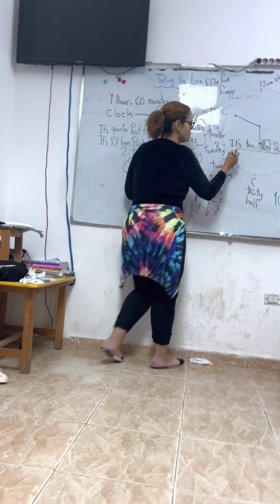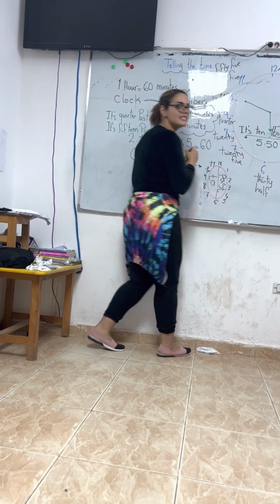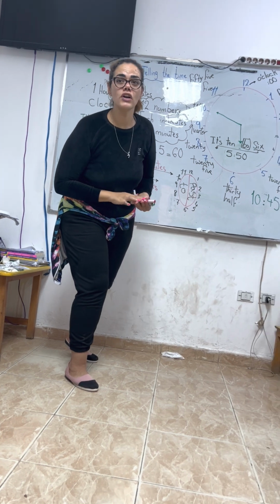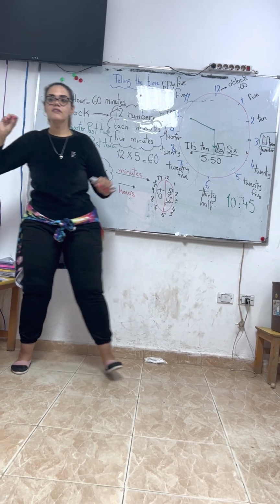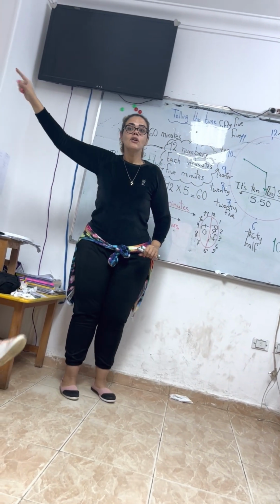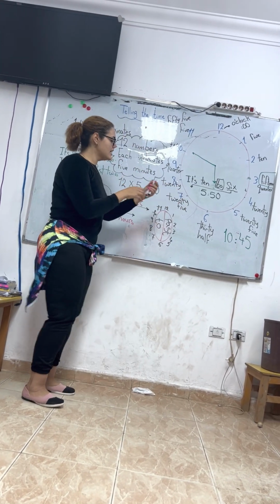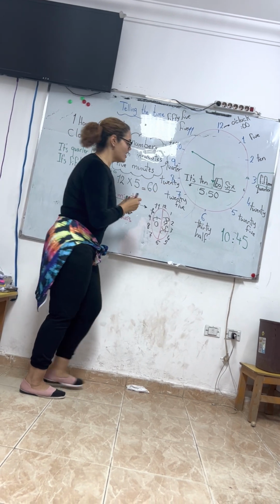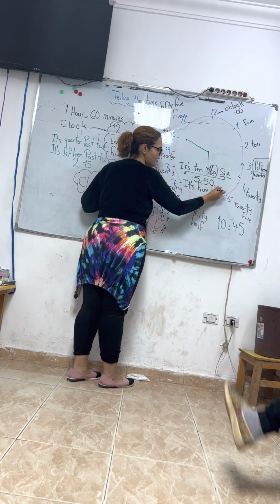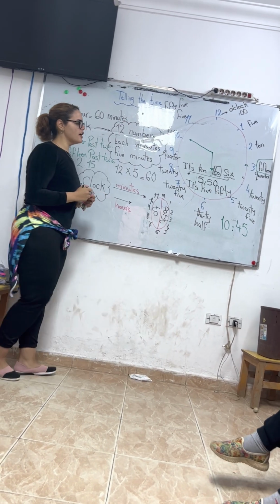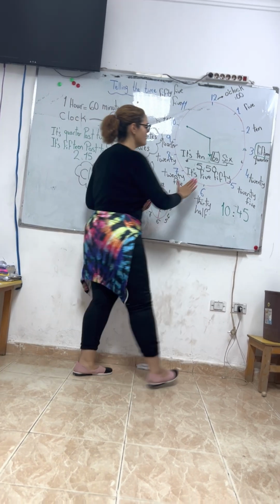The word to means before. So there are 10 minutes to be 6 o'clock. It's 10 minutes before 6 o'clock. I can write this as 5:50. Deal?